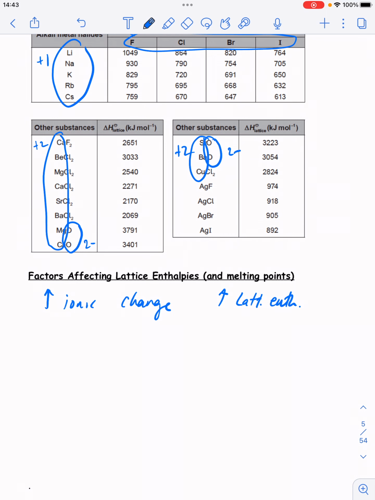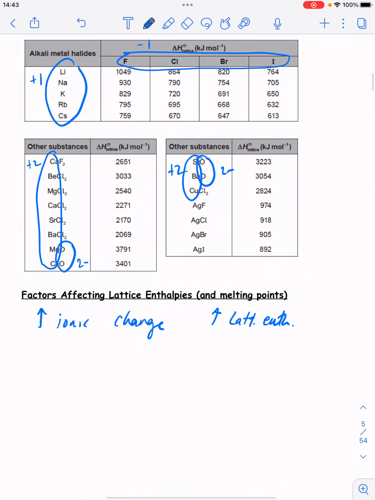And so you can see if you compare the values just roughly in the first table with the +1 and -1 ions, and you compare it to the values in the tables below, where we have +2 ions, and then when we have +2 and -2 ions.